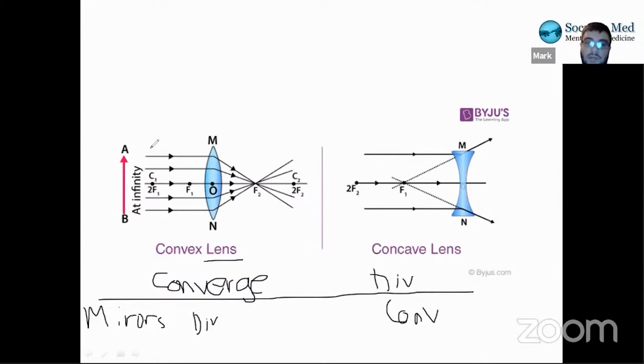The light rays come in like this, and once they hit the convex lens, they all bunch up to each other. They converge. Whereas here, they go out, so they diverge, away from each other. In a concave lens, they diverge from each other.